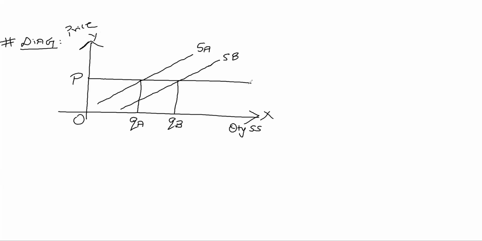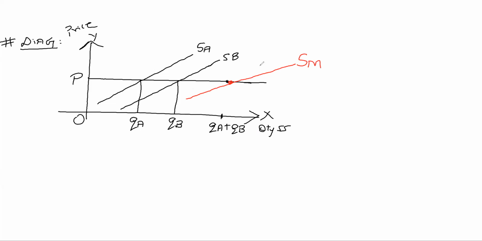If I talk about market supply, diagrammatically, I'm going to add QA and QB. This gives me my horizontal intercept, somewhere here, QA plus QB. And if I plot it, you will see that the market supply curve will be flatter. This is the supply curve of the market.